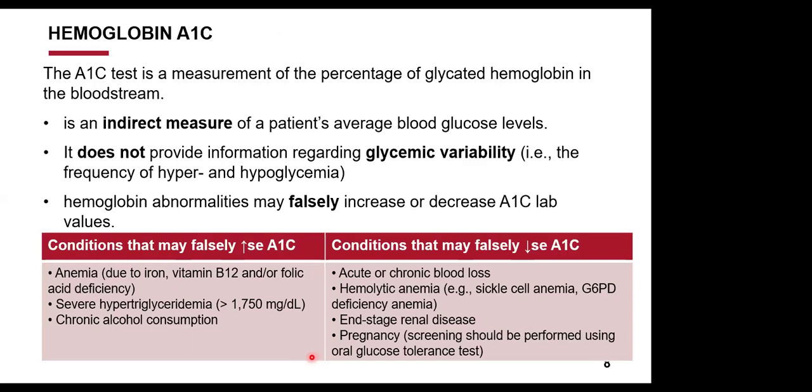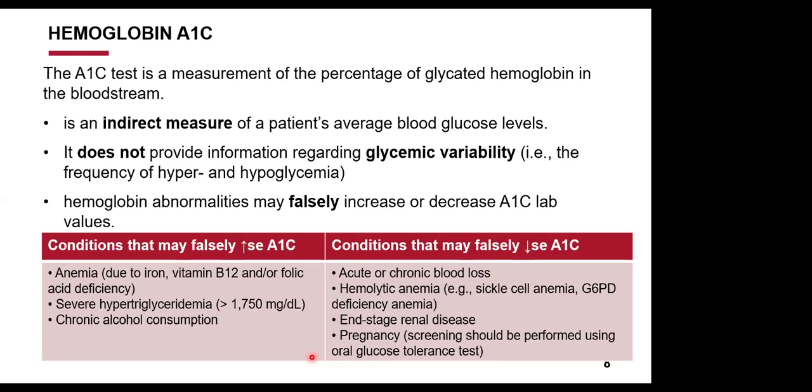More about the glycated hemoglobin. Like we said, it measures the percentage of glycated hemoglobin in blood, and therefore it is an indirect measure. And also, it does not provide information regarding the fluctuations I've been talking about.